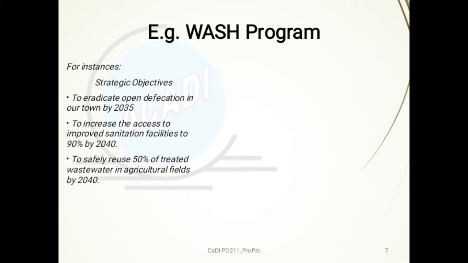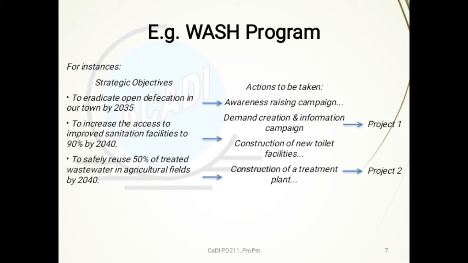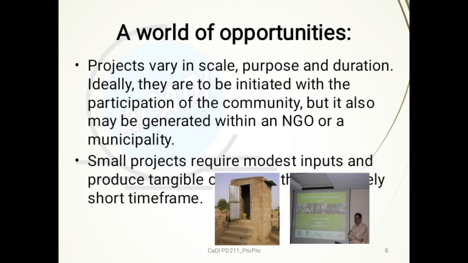WASH program. For instance, strategic objectives to eradicate open defecation in our towns, to increase the access to improved sanitation facilities to 90% by 2040, to safely reuse 50% of treated wastewater in agricultural fields by 2040. And we have the actions to be taken and then the various projects.